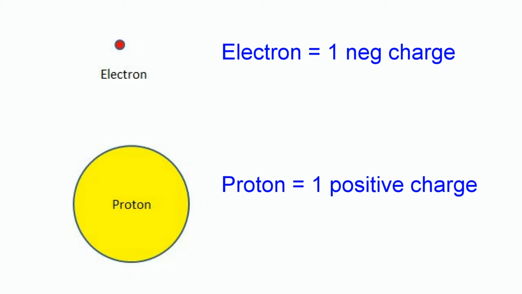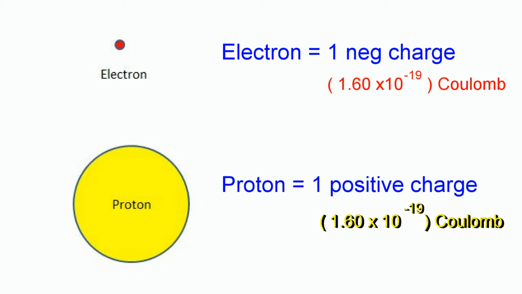When we say that the electron has one negative charge, it is understood in chemistry that the strength of the charge is equal to 1.60 times 10 to the minus 19th coulombs. And when we say that the proton has one positive charge, it is understood that the strength of the charge is equal to 1.60 times 10 to the minus 19th coulombs.